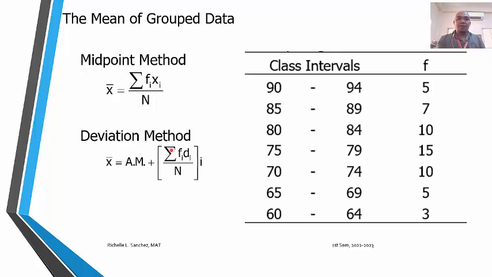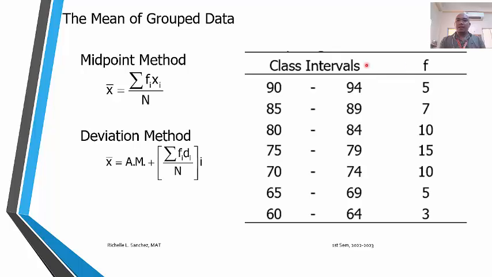And the deviation method is similar to the one we used earlier. The difference is that since this is already grouped data, we are using the frequency and the size of the class interval.